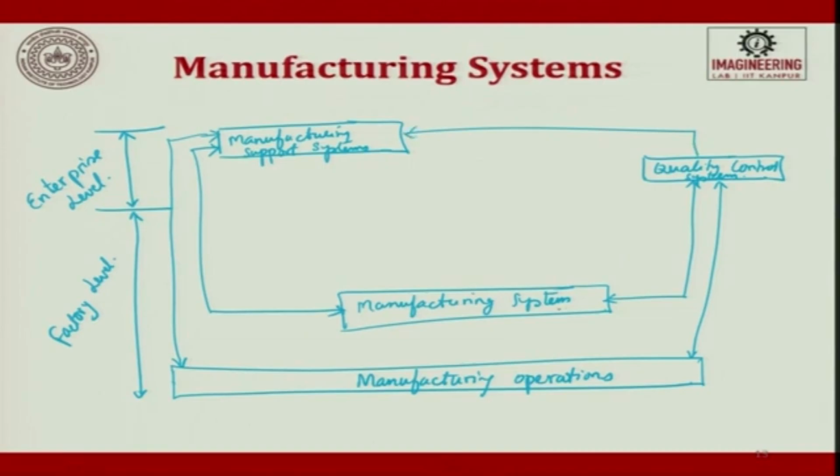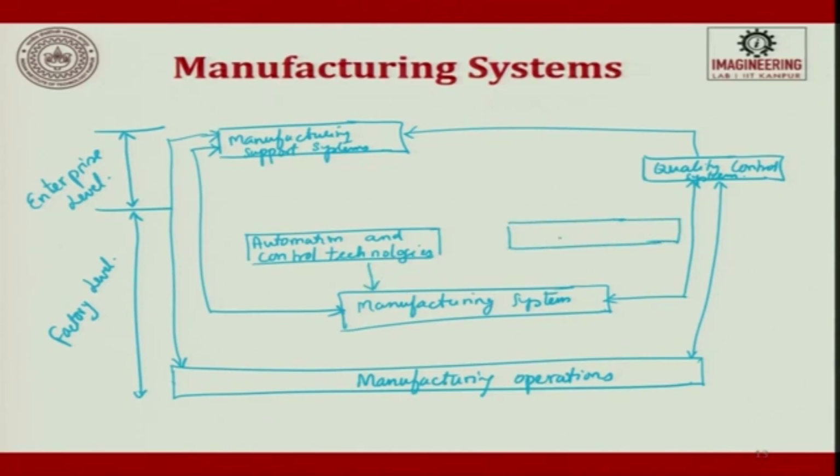And in manufacturing systems you will have two more. One is automation and control technology. Then when you come here, you will have material handling systems, handling and identification.